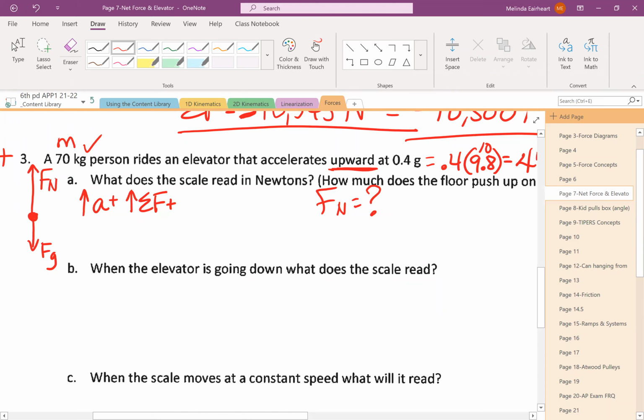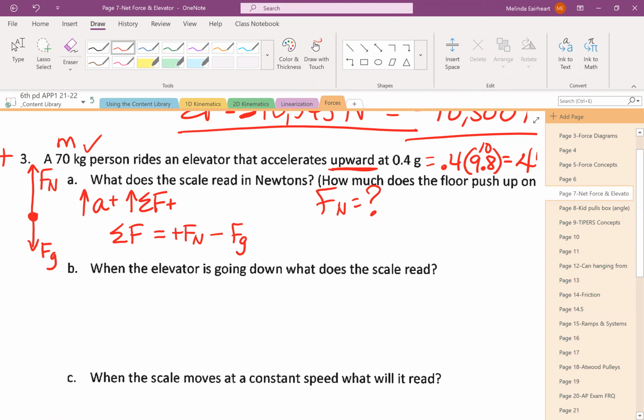So that when we do step 2, sum the forces, I'm going to go with a positive normal plus a negative, or minus, Fg. Okay? And so if I want a leftover positive net force, my upward force better be bigger, okay?